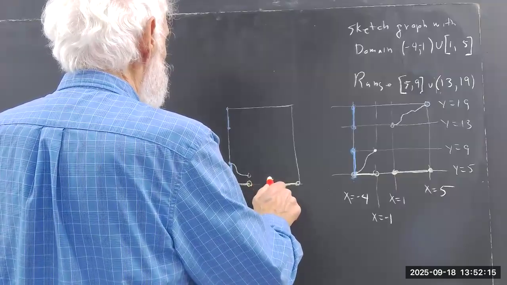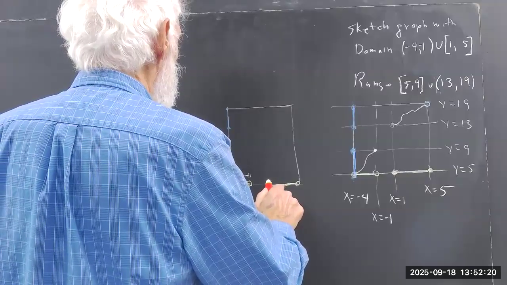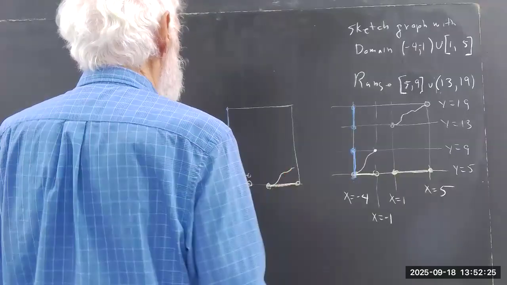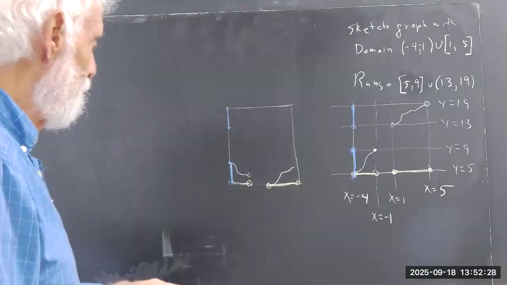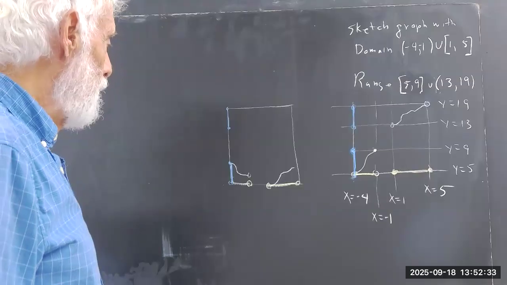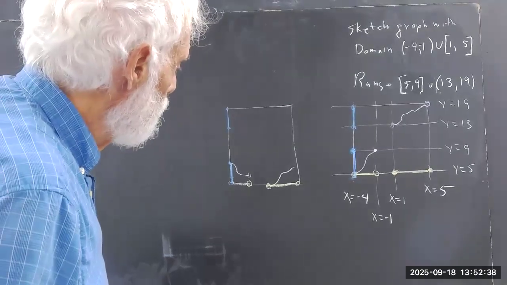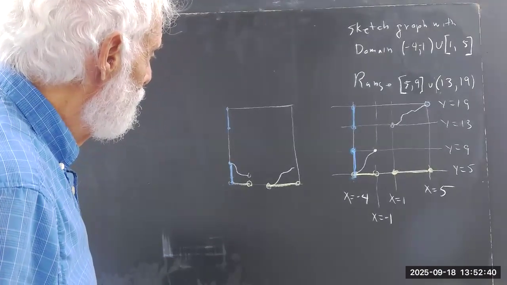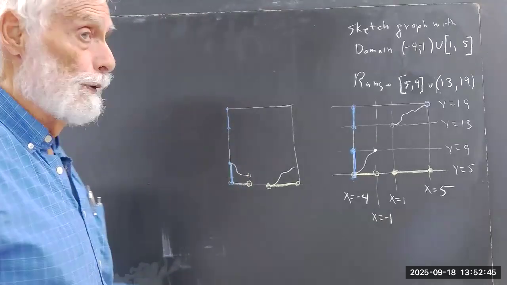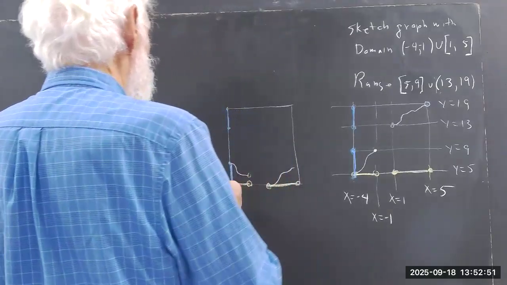And then over in this interval, go from here up to here. Every y value would be covered, and every x value. But that really wouldn't quite get it because you don't have anything for this part of the range, right? So you really can't do that. So you got to be careful how you do it.